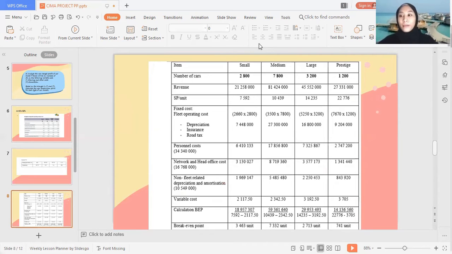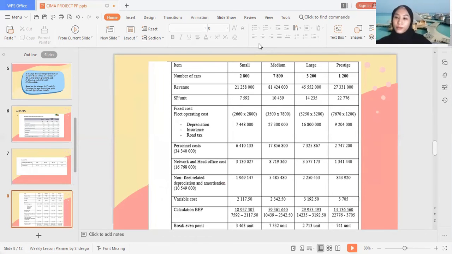The number of cars for small is 2,800 with revenue 21,258,000 and the selling price per unit 7,592. The total fixed cost is 7,448. Personnel cost 6,410,123 and the network and head office 3,130,027 plus non-fleet related depreciation 1,969,147.